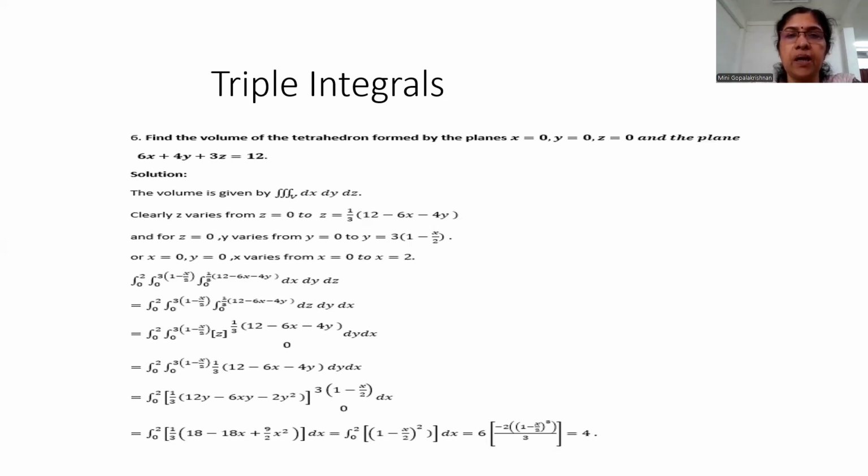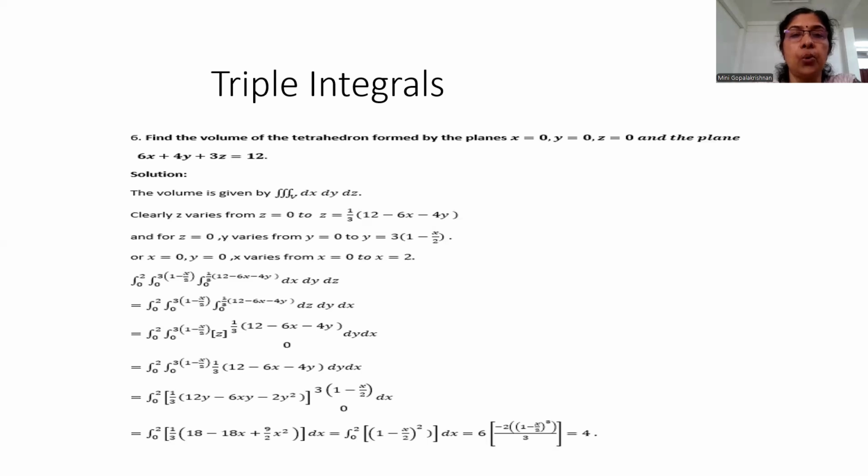So the limit of y, the middle variable, is from 0 to 12 minus 6x by 4, which can be simplified to 3 into 1 minus x by 2.